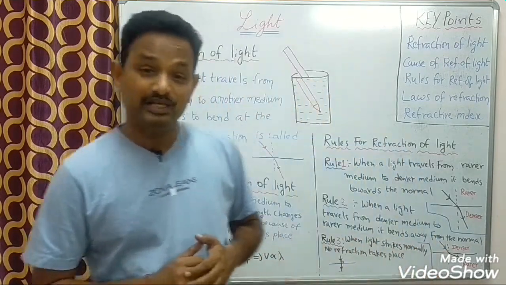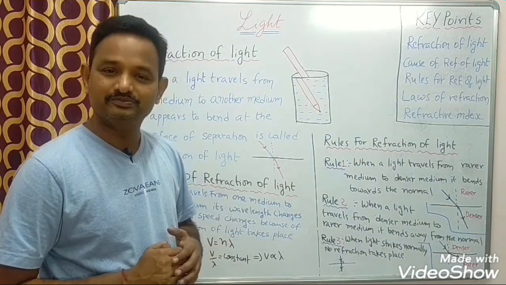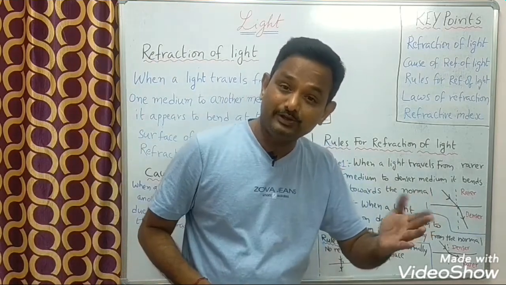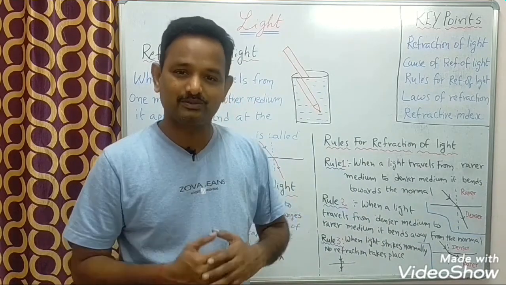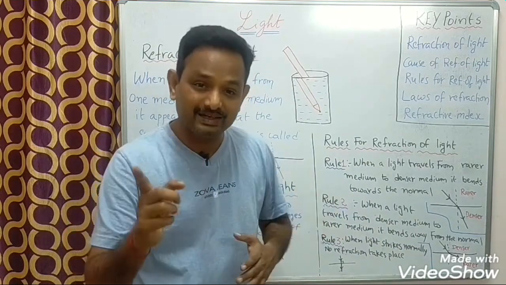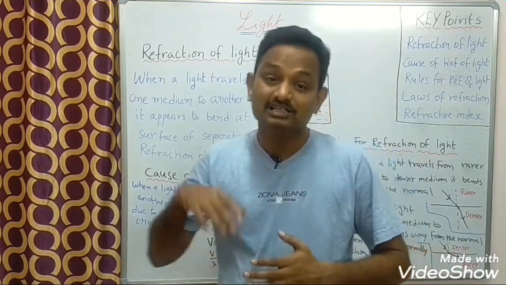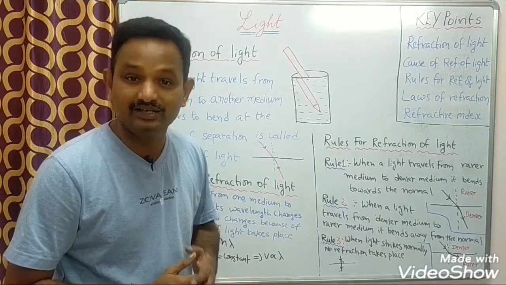The medium in which the speed of light is less is the denser medium. For example, when light travels from air to glass, it bends towards the normal. Here air is the rarer medium and glass is the denser medium, because the speed of light in air is more than the speed of light in glass.